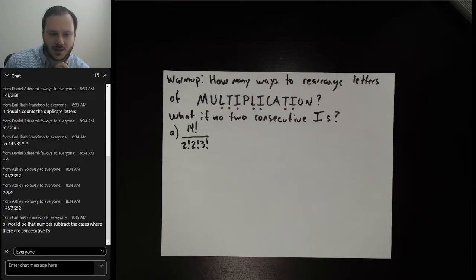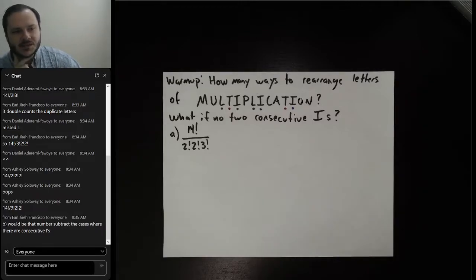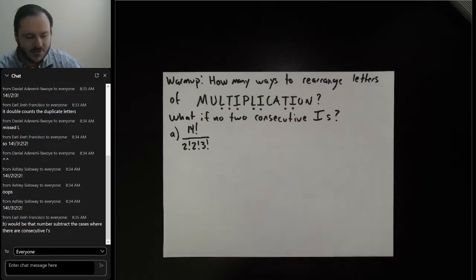Yeah, so one option we have, it's a good suggestion from chat, we could take this number and subtract off the number of ways of making sure two I's were next to each other. But because we have three I's, that gets a little bit complicated.